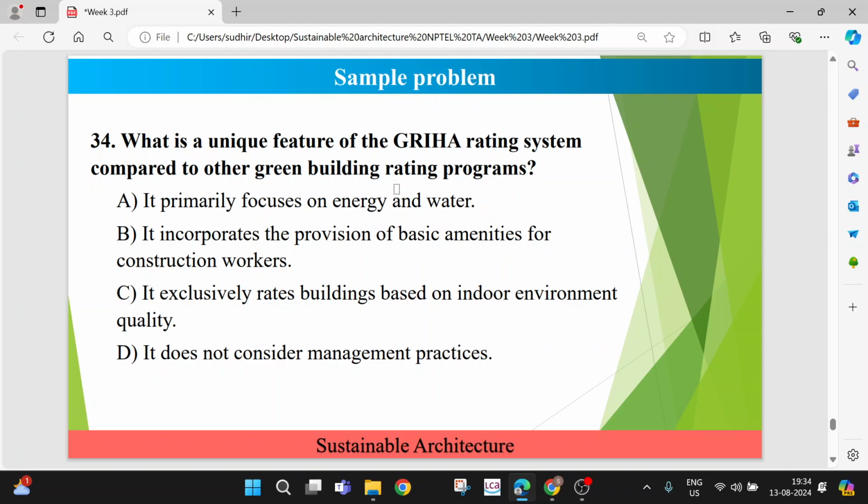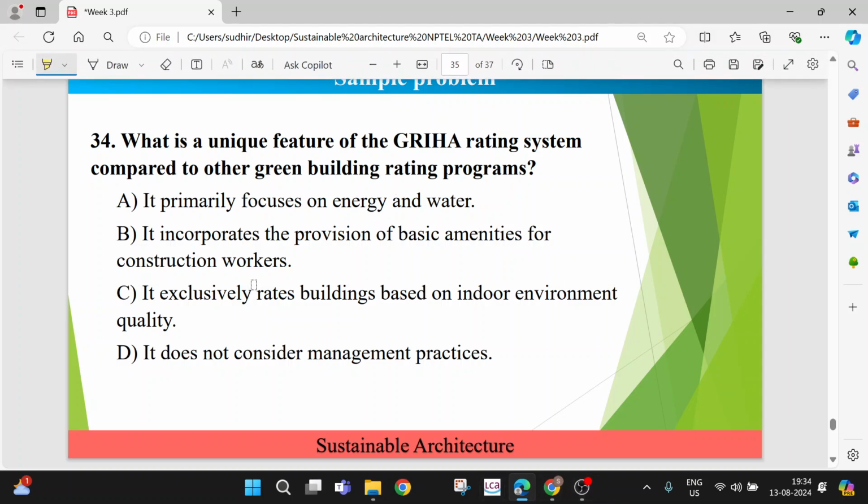This goes beyond environmental performance to address the welfare of the workers involved in building projects, including their children's primary education and proper toilet facilities. All of this has been considered in the Griha rating system. Are you able to recall that?